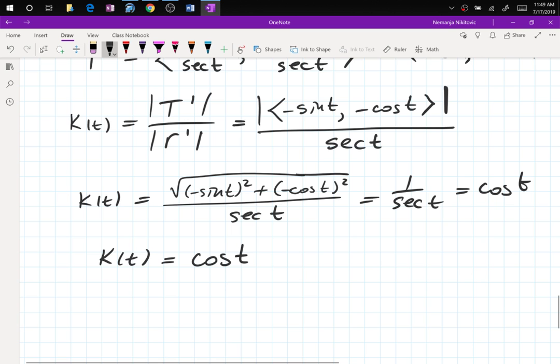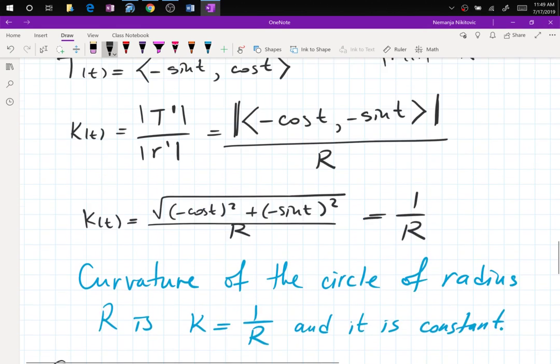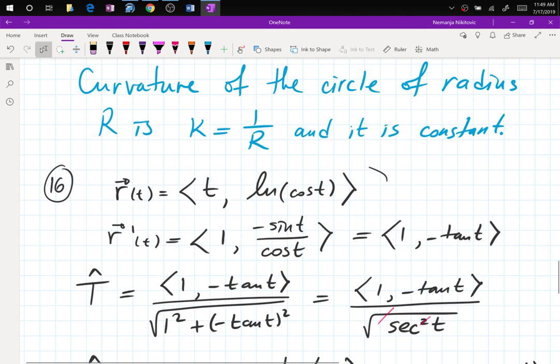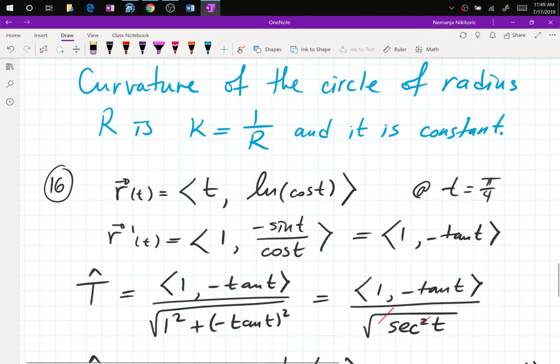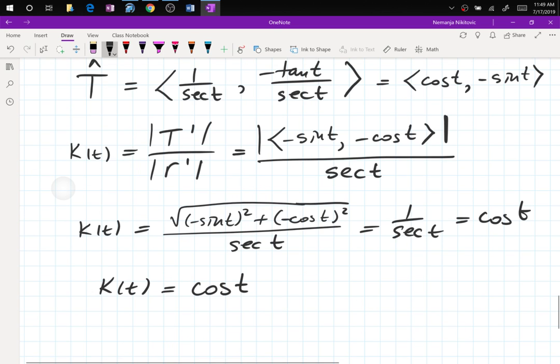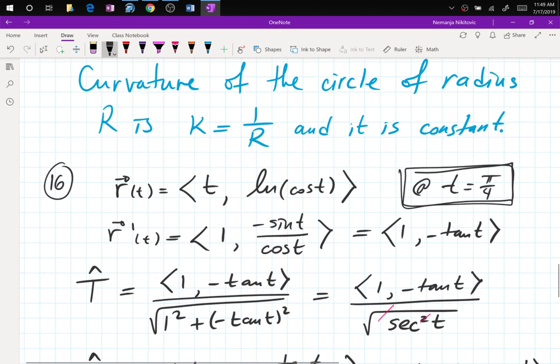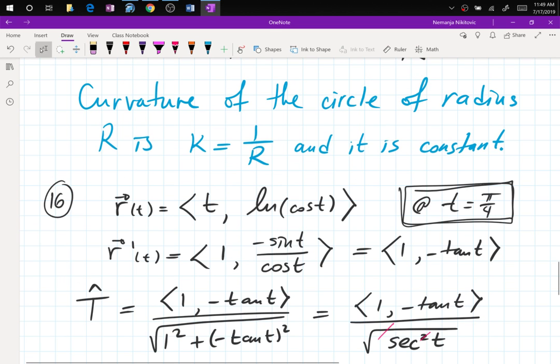So for instance, a problem like this can state find the curvature at t equals pi over 4, right? So if there is this extra piece of information in the problem, well, you just spent 10 minutes cranking this. Make sure you go back into the problem and see if there is an extra piece that is actually asking you to compute curvature.